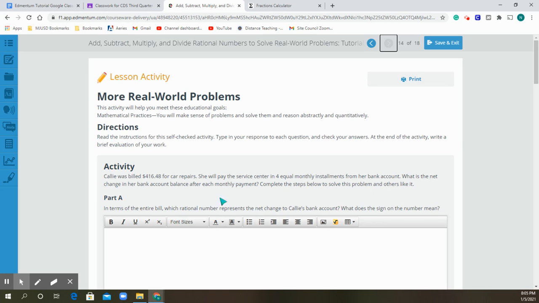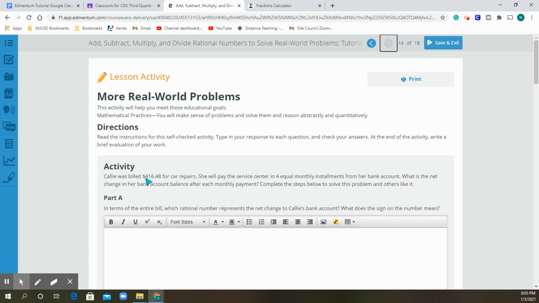Complete the steps below to solve this problem and others like it. In terms of the entire bill, which rational number represents the net change to Callie's bank account? So what's going to be the total change after the 4 equal payments? What does the sign on the number mean?